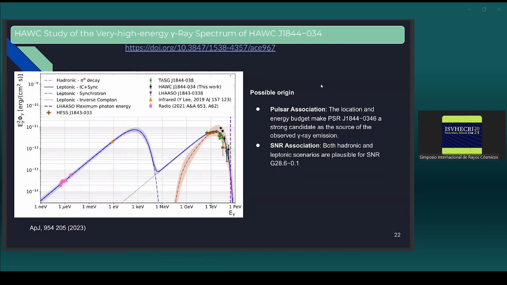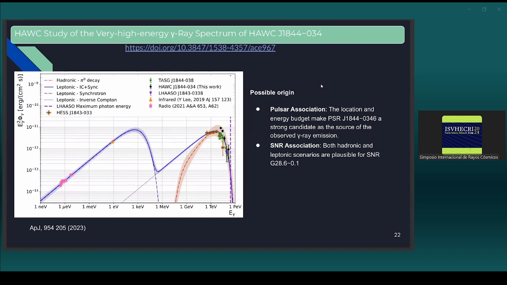And one of the last studies that we have made of possible cosmic ray accelerators is the one concerning this HAWC source. We check all the possible scenarios, as I told you: the leptonic, hadronic, and also lepto-hadronic scenario.